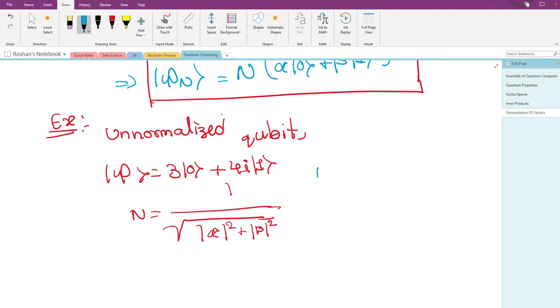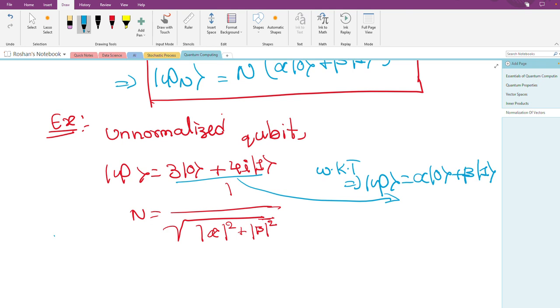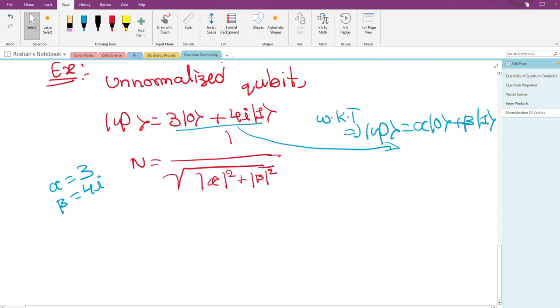We know that a quantum state will be in the form of psi equals alpha ground state plus beta excited state. So if you observe closely both equations, our alpha value is 3 and beta value is 4i, correct?